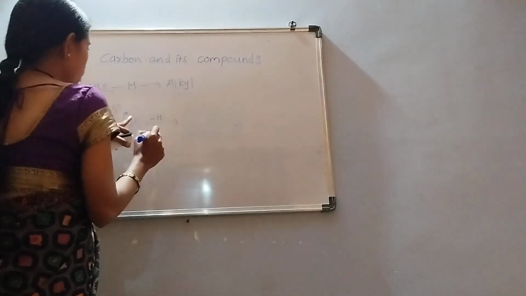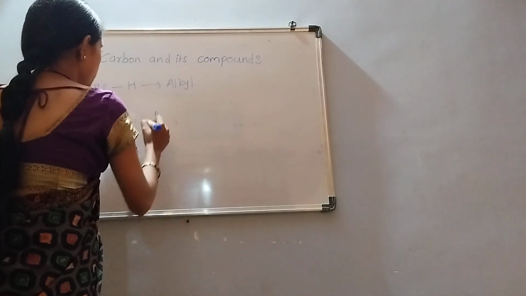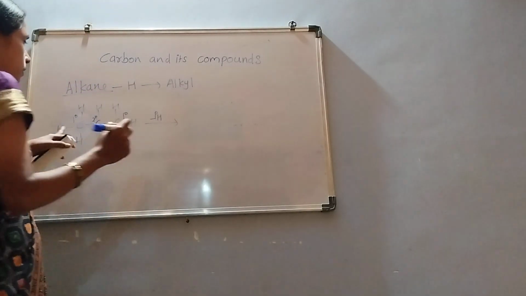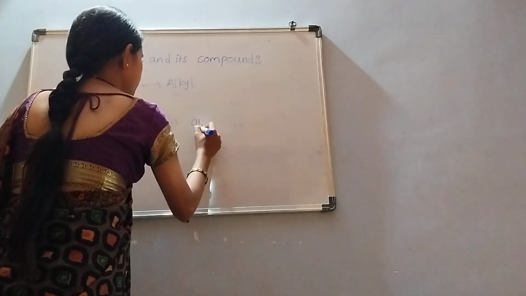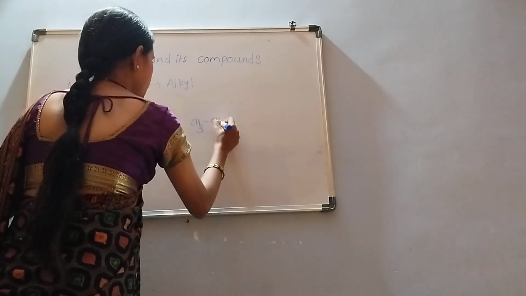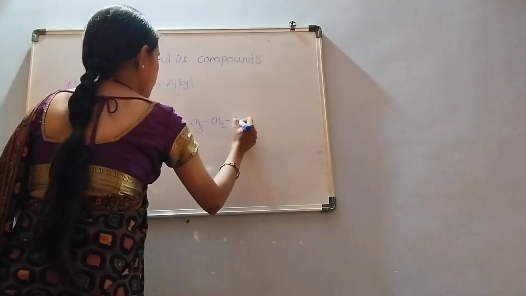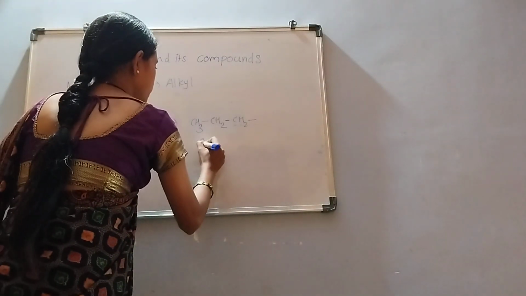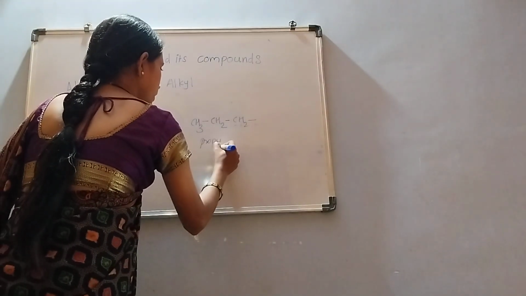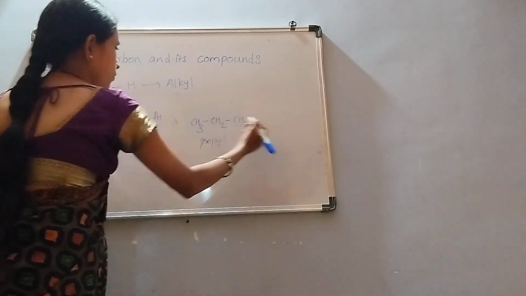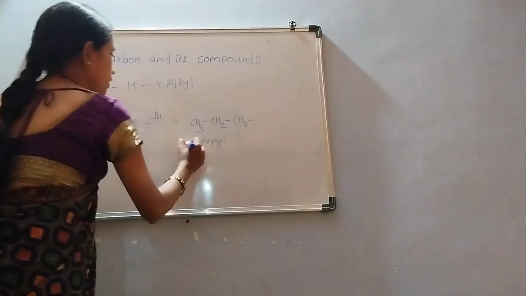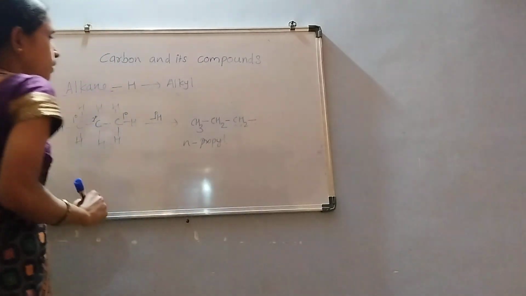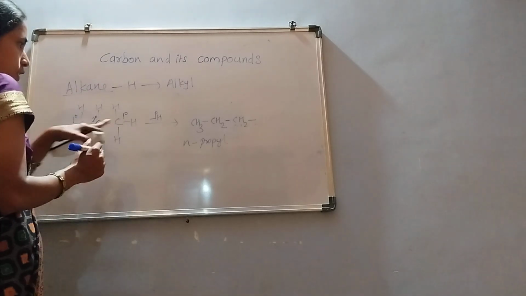If we are removing one primary hydrogen, then we write CH3 CH2 CH2. This we call a propyl. And it is an unbranched or straight chain, so we write here n-propyl. Again this is the n-propyl.